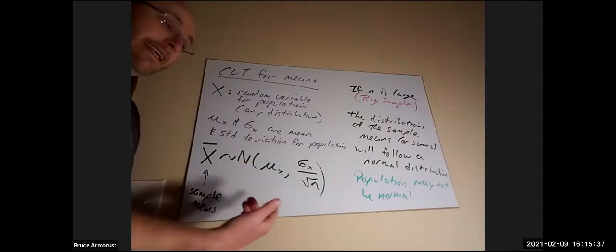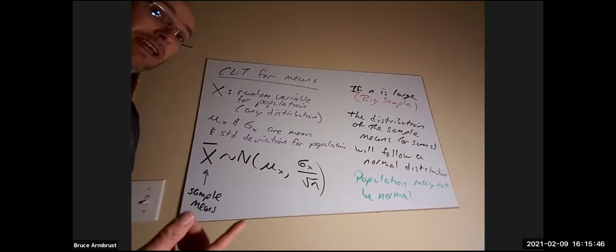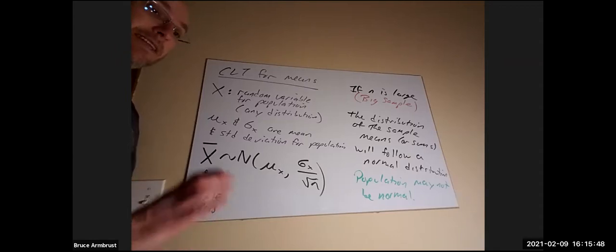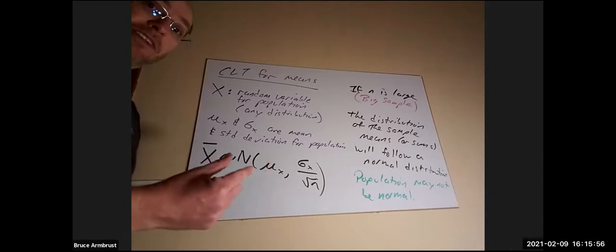What if I sampled 100 people? Well, the square root of 100 is 10. Now I'm going to reduce it by a factor of 10. So in that same example, if we looked at samples of 100 people that went to Grover Hot Springs, instead of getting a standard deviation of 15 minutes, it's down to 1.5.